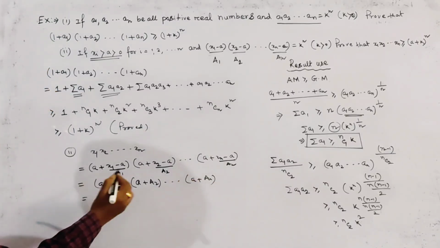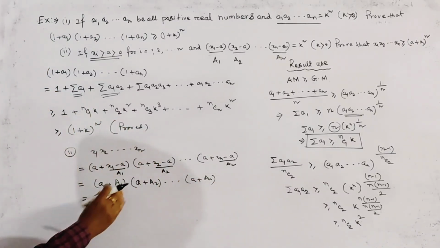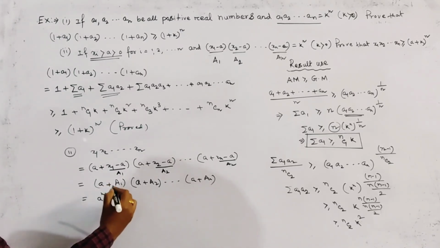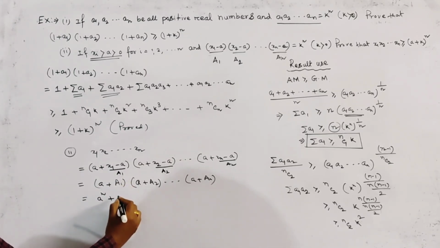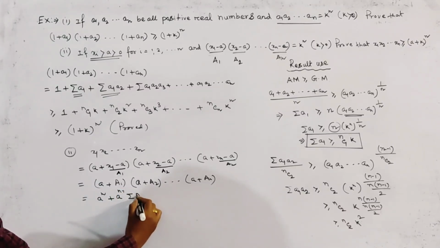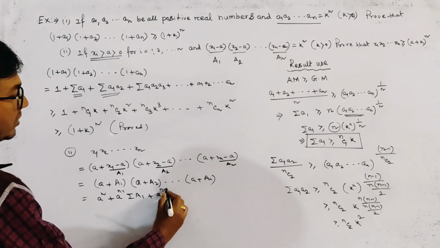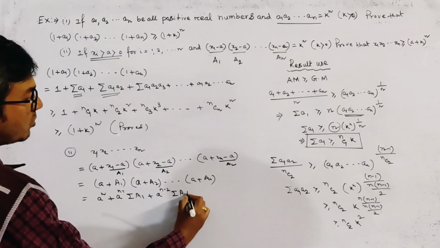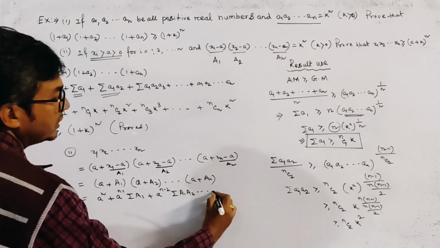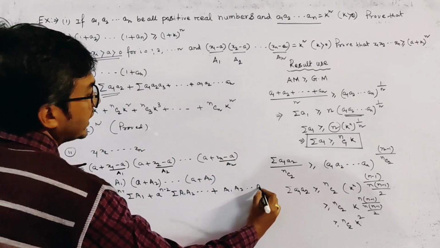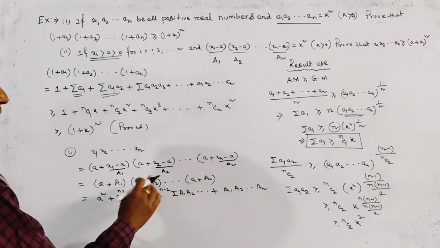Right? Now multiplying all these factors, we get a to the power n plus a to the power n minus 1 into summation capital A1, plus a to the power n minus 2 into summation A1 A2, and so on. The last term is A1 A2 to AN, there is no small a.